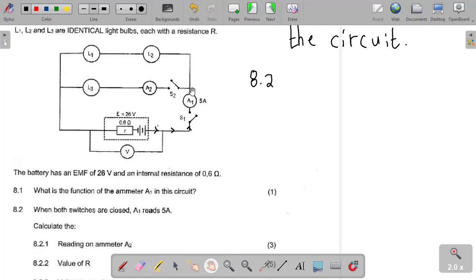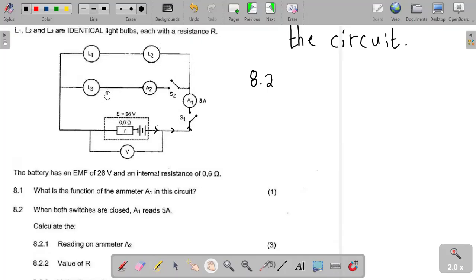The current that goes through L1 and L2 will be 2 times smaller, half of the current that goes through L3, because the resistance for L1 and L2 will be 2 times greater than the resistance for L3.